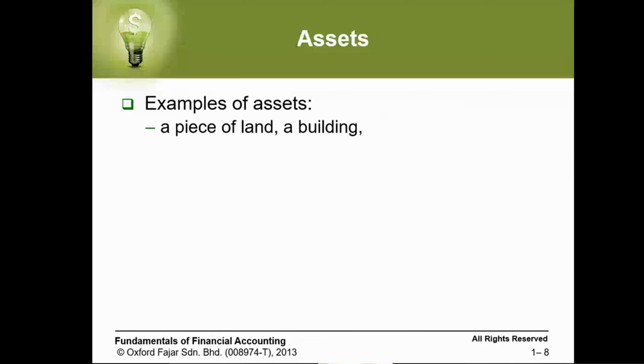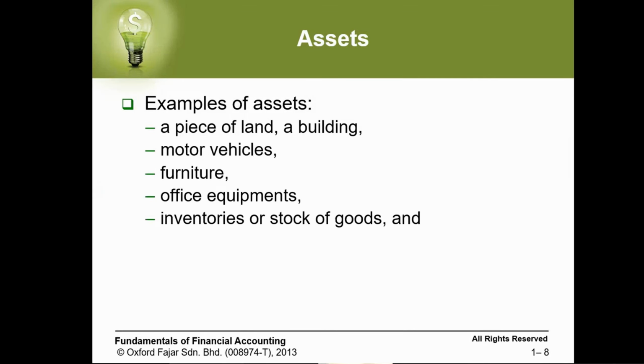Examples of assets: we have a piece of land, building, furniture, motor vehicle, office equipment, inventories or stock of goods, cash in bank. All of those are considered assets, which is what the company owns and can use to get benefit in the future.